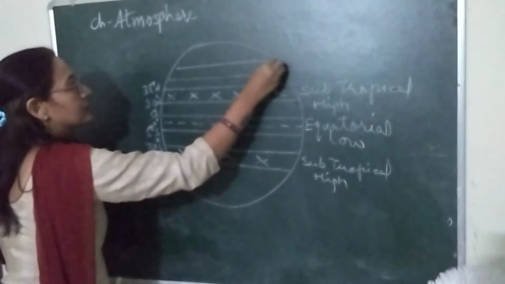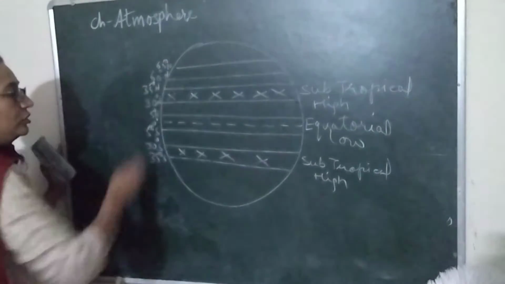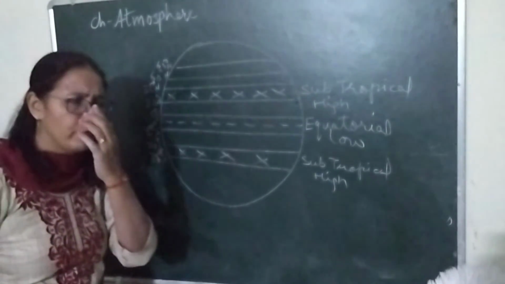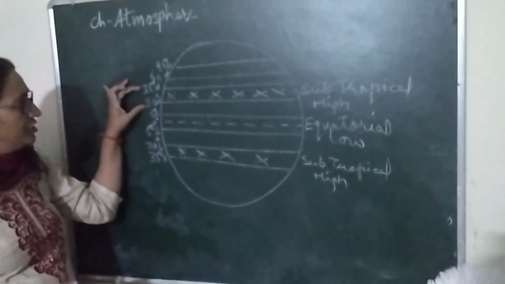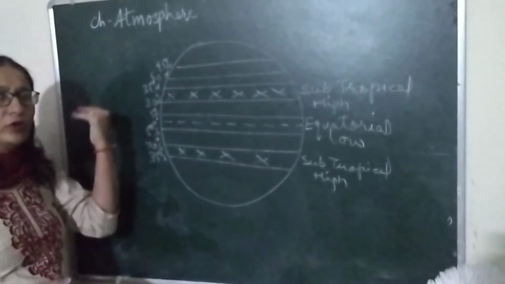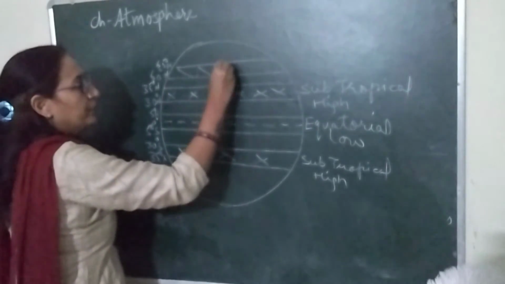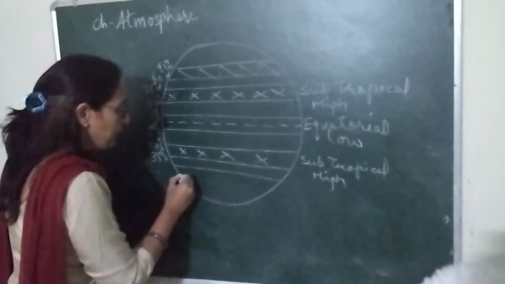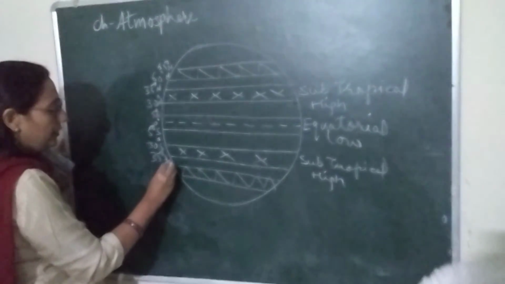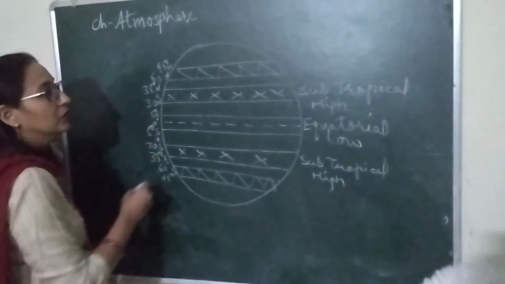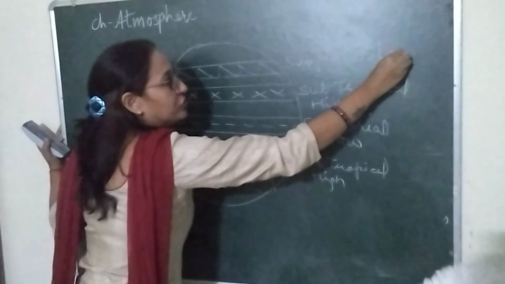Next is 60° to 65° north. You will find some variation in different books about degrees, but roughly we can say this 30° to 35°, or we can say around 30°, around 60°. Okay, so here in both the hemispheres the next pressure belt is 60° to 65° south, that is subpolar low pressure belt.